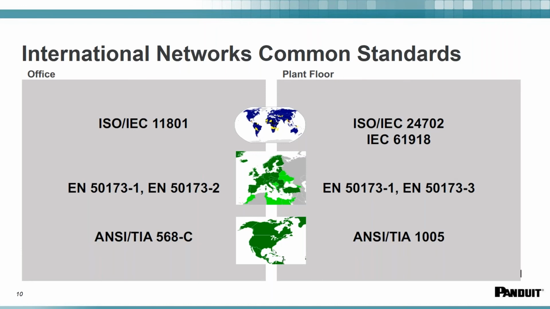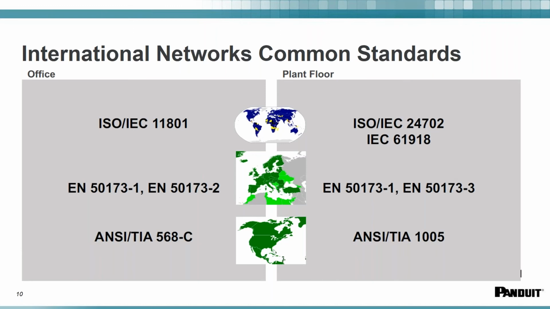So therefore, you need to have certain additional guidelines added to strengthen the media, to strengthen the connectivity, to make sure that you've got additional protection for electromagnetics and chemical and dust and other things.